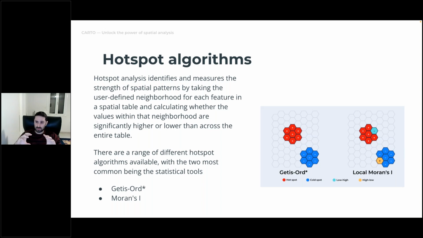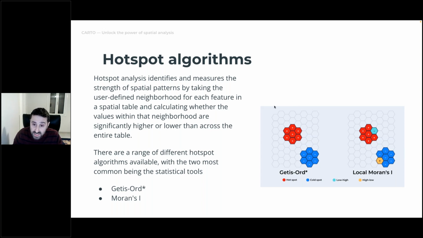Now, they tend to do the same thing, but they talk about something different, which I'm going to explain. Getis-Ord basically tries to find areas that are hotspots or cold spots compared with what happens in the whole dataset, across the whole area.